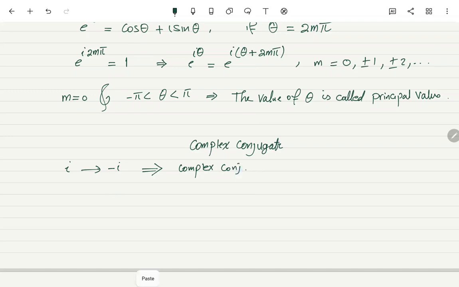Assuming that we have z equals x plus iy, the complex conjugate, placing a star over z, is equal to, now you replace i by minus i, x minus iy. So this is the complex conjugate of this one right here. And again, the argument of the complex conjugate of z is equal to minus the argument of z.